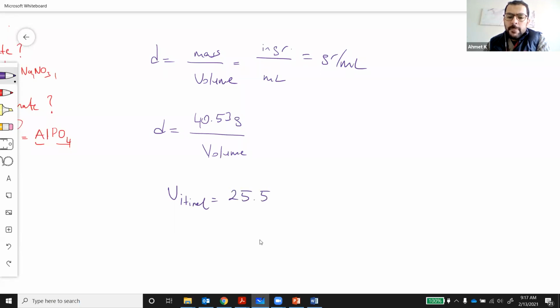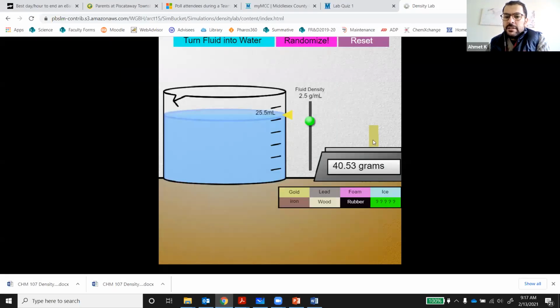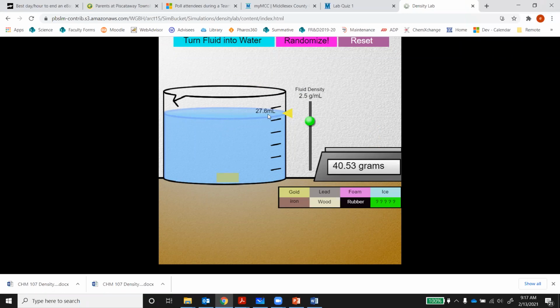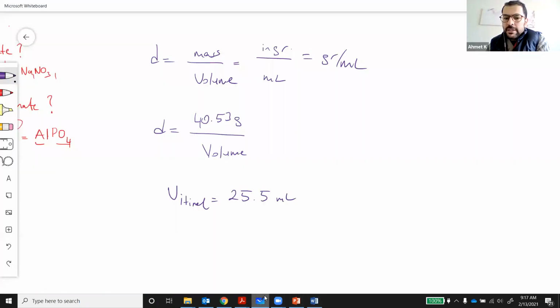Now when I put this metal inside, as you can see, the volume changes. What's the volume right now? 27.6. So what is this telling you then?